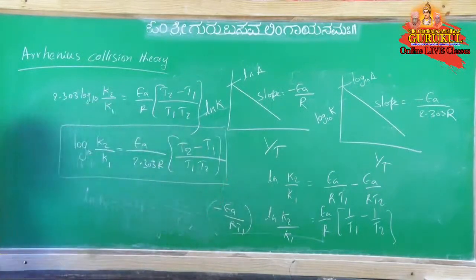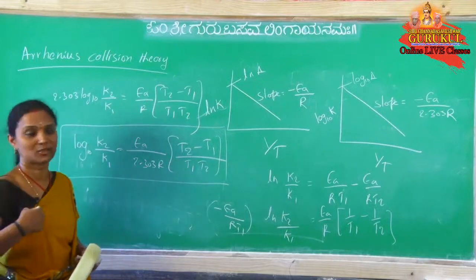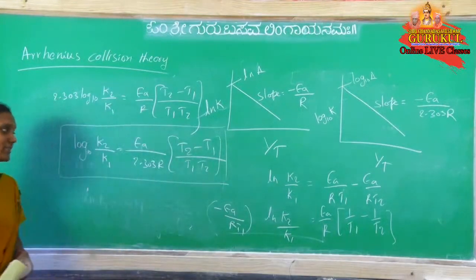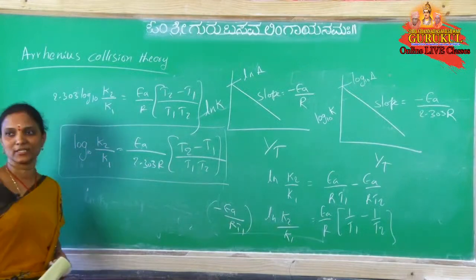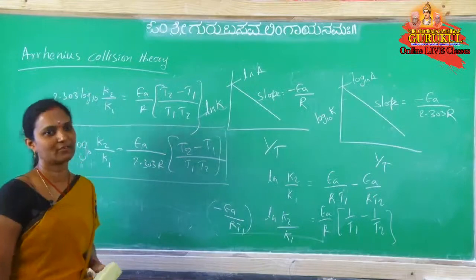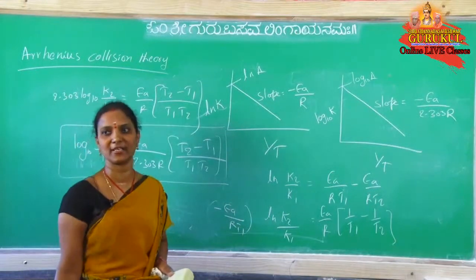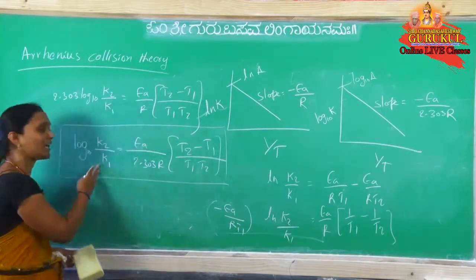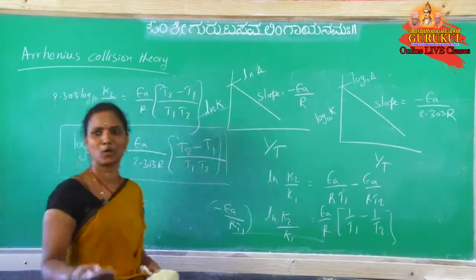This is the Arrhenius equation, the effect of temperature on the rate constant. Log K2 by K1 is equal to Ea by 2.303 R into T2 minus T1 by T1 T2. They will mention the initial and final temperature, the activation energy, and the K value as double, triple or quadruple.